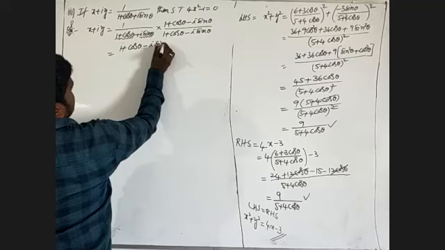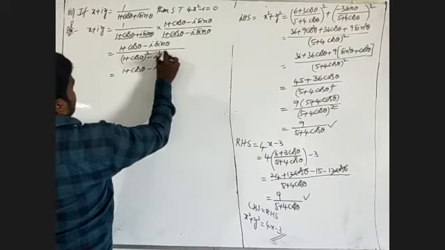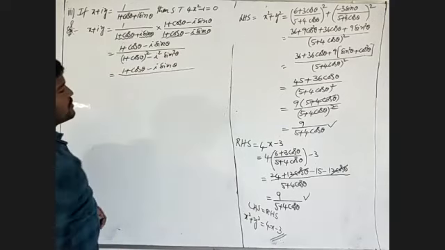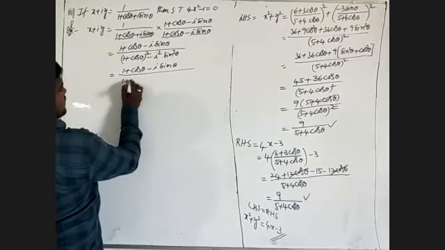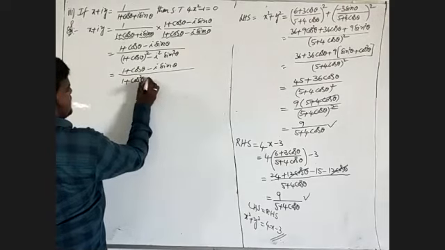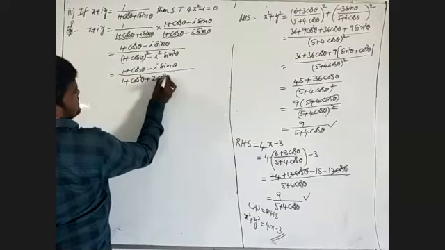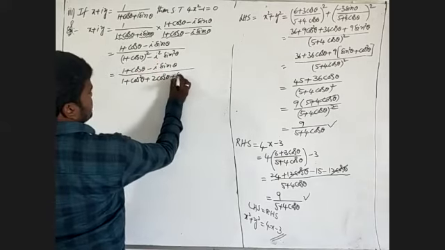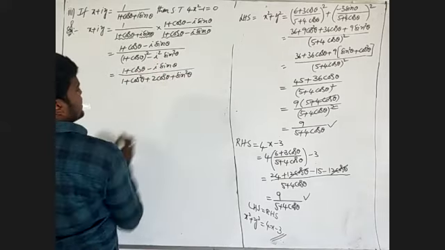That means 1 plus cos theta minus i sin theta over the denominator, which is 1 plus cos square theta plus 2 cos theta, where i square becomes minus 1, minus into minus is plus, and the remaining is sin square theta.